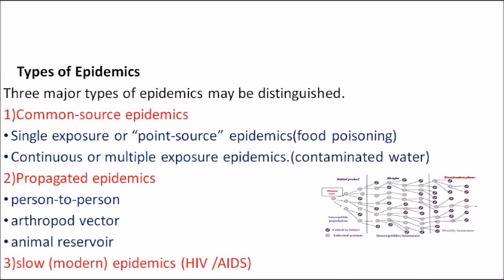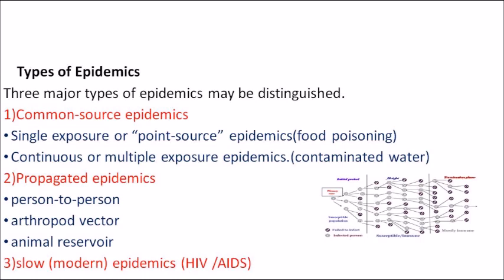So that is what single exposure or point source epidemics means. They will report the disease as cholera or dysentery or diarrhea, which might differ, but they'll all report with the same pattern of the disease.